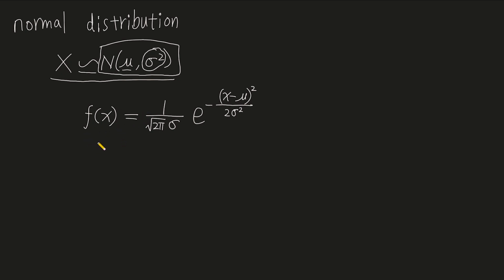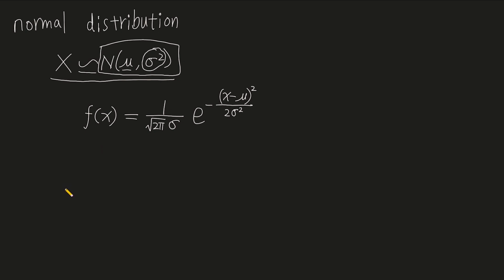This function is complicated, so it is impossible to integrate it in the conventional way. So we have to use a calculator to find the integration of this function. So to find the probability of a continuous random variable that follows the normal distribution, we have to use a calculator.